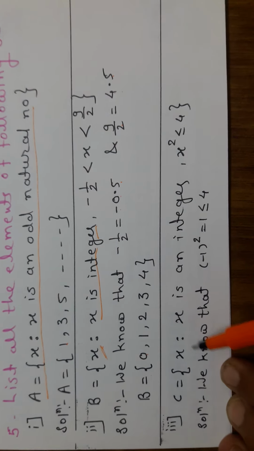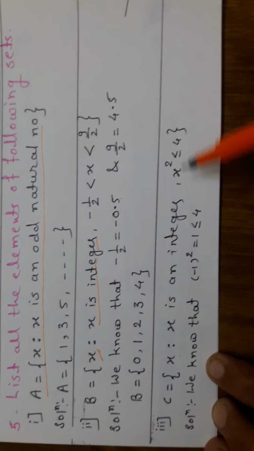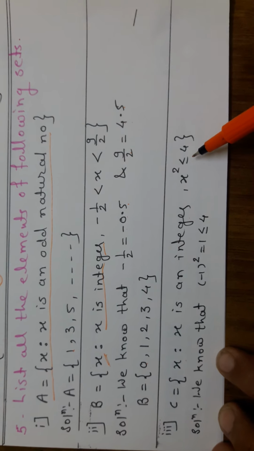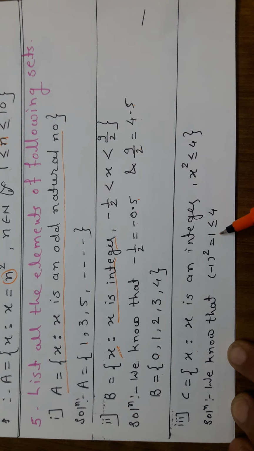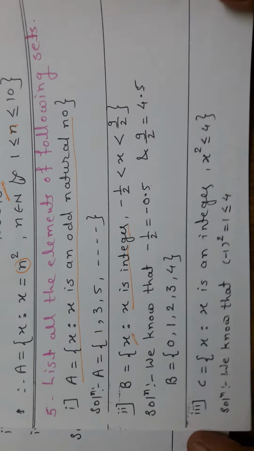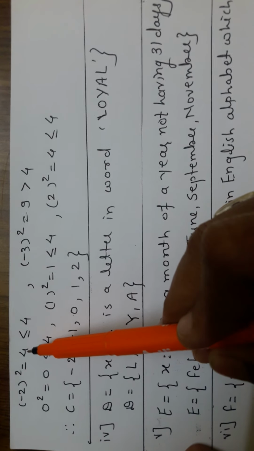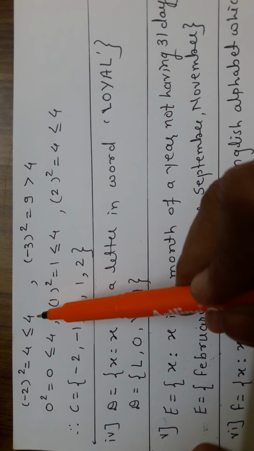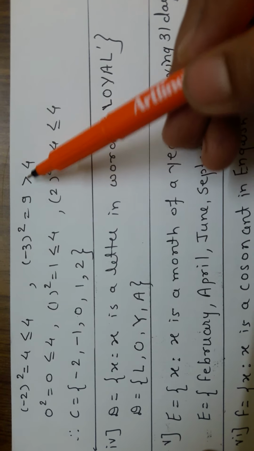Third, C is equal to the set of all x such that x is an integer, x square is less or equal to 4. We know that minus 1 square is equal to 1, which is less or equal to 4. Minus 2 square is also equal to 4, and 4 is less or equal to 4. Minus 3 square is 9 and 9 is greater than 4.